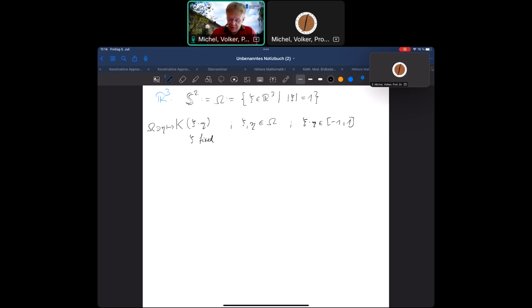So normally you would have something like, in Rn, a function where y in Rn is mapped to f of the Euclidean norm of x minus y, and x is fixed again. So how is that related to each other?